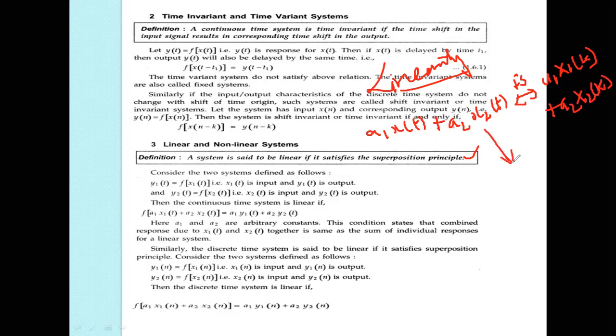And with the same input a1 x1 of t plus a2 x2 of t, applying the Fourier transformation, it becomes a1 x1 of omega plus a2 x2 of omega.